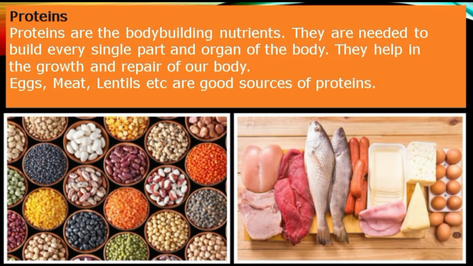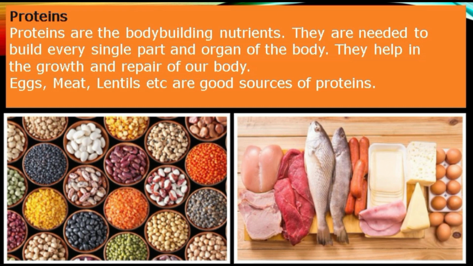Students, as you see here, the next major nutrient that we are going to discuss is proteins. Proteins are complex compounds that are made up of carbon, hydrogen, oxygen, nitrogen and sulfur.